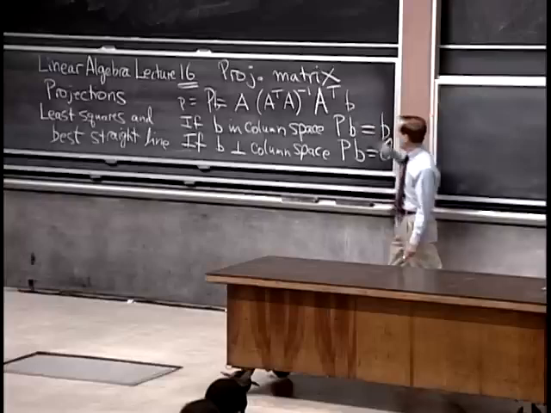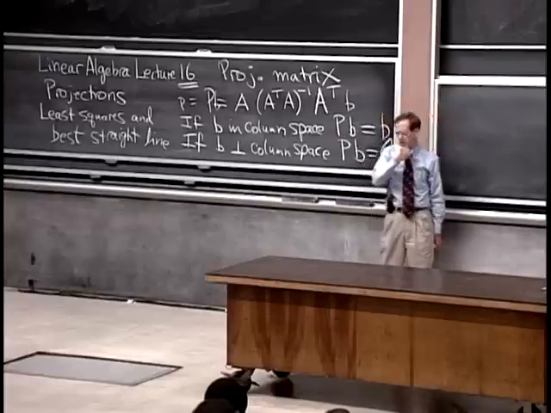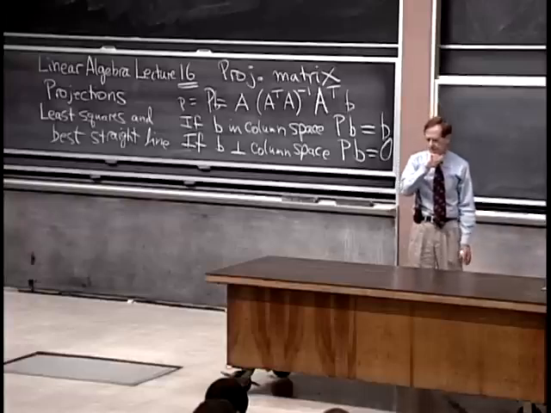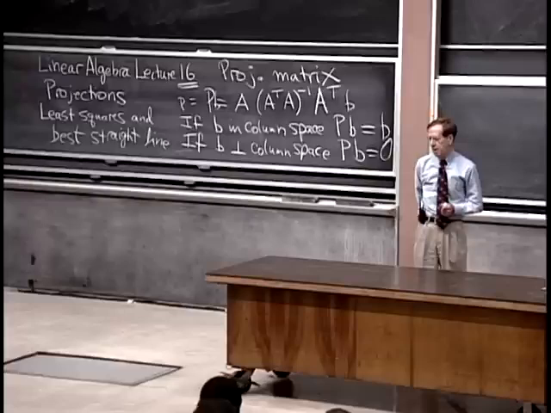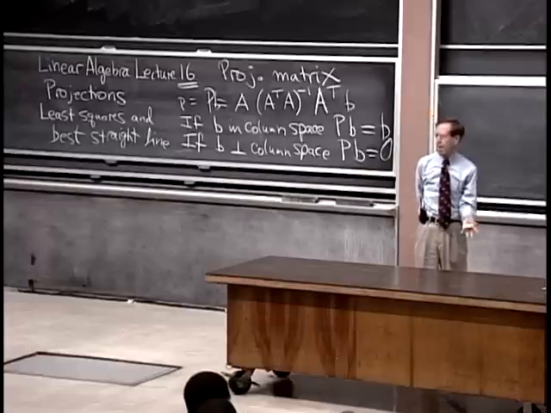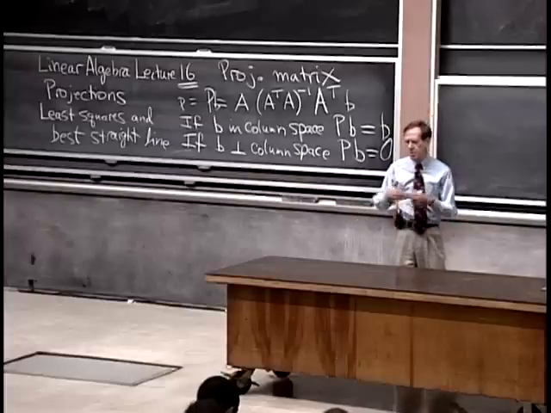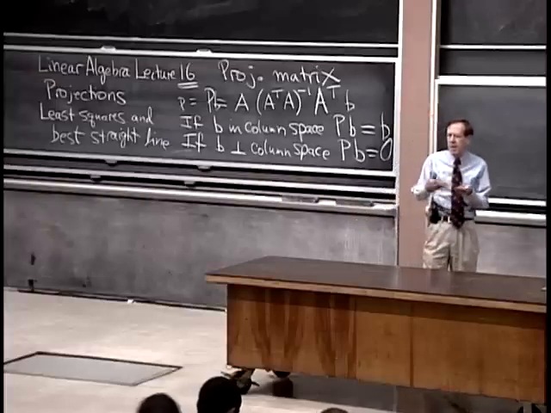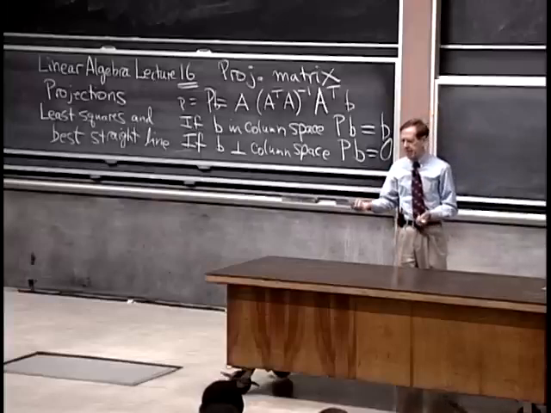How do I see that this formula gives me the right answer if b is in the column space? So what's a typical vector in the column space? It's a combination of the columns. How do I write a combination of the columns? So tell me, how would I write your everyday vector that's in the column space?